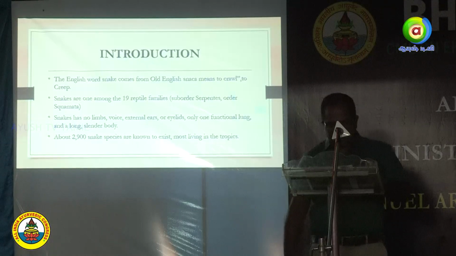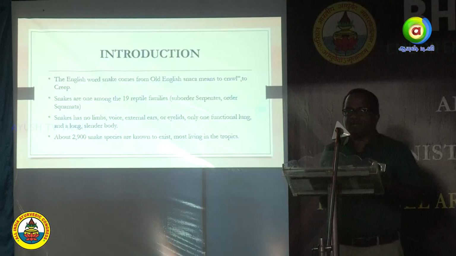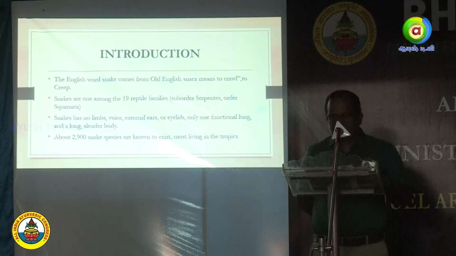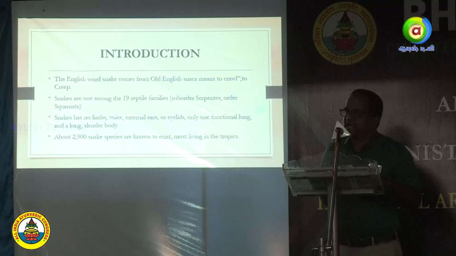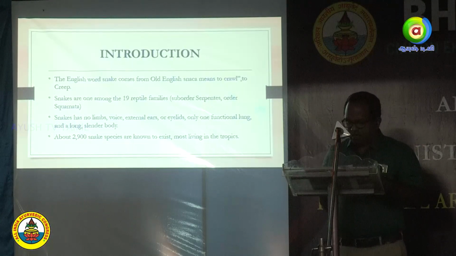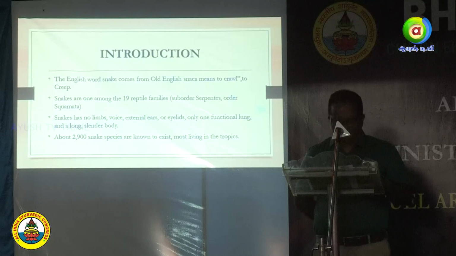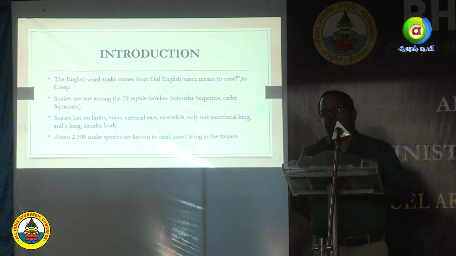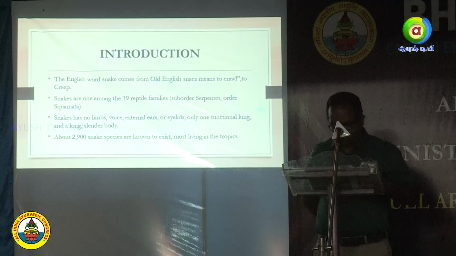About the introduction part, snakes are one among the 19 reptiles available, with the suborder serpentes and order Squamata. As I have explained, a snake has no limbs, no voice, no external ears, no eyelids, and only one functional lung, and it has a long, slender body.